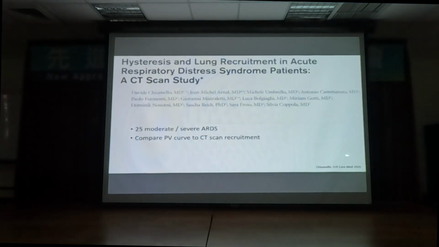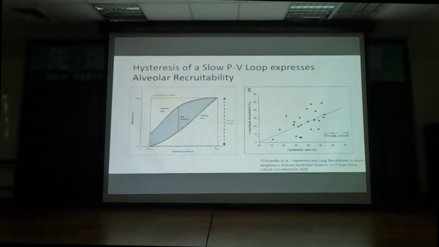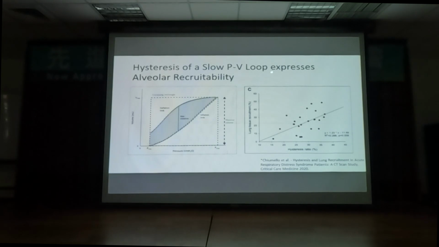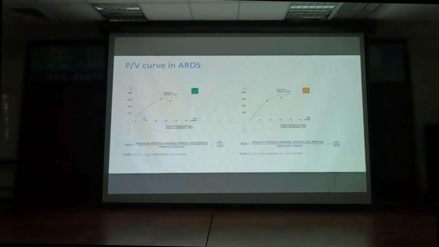Well, there's a nice new study by Davide Chiumello and Jean-Michel Arnal, performed in severe ARDS, that compared this PV curve to the CT scan, which is still the gold standard. And they found that the hysteresis of a slow low flow PV loop expresses alveolar recruitability, okay? And this can be measured using something that is called normalized maximum distance. This is important, why?